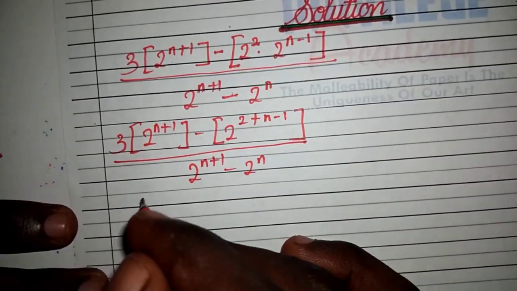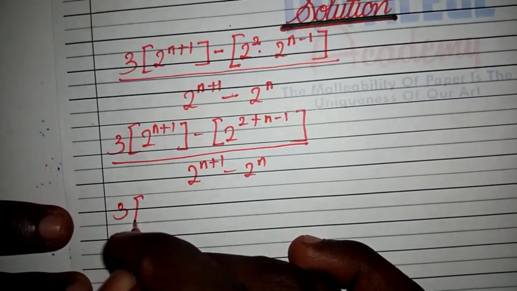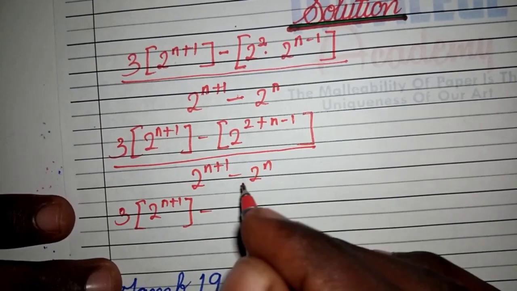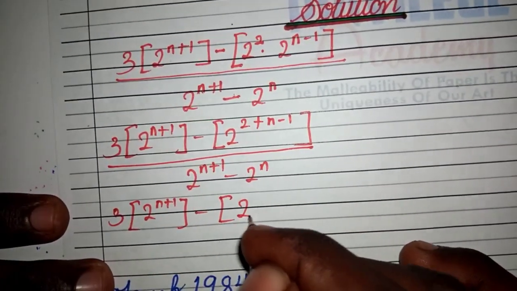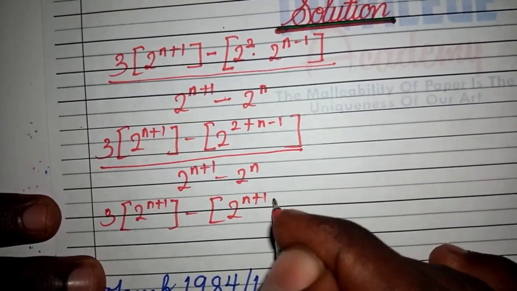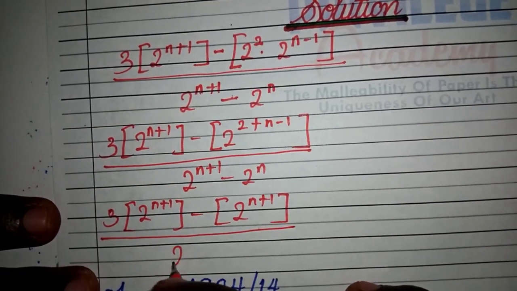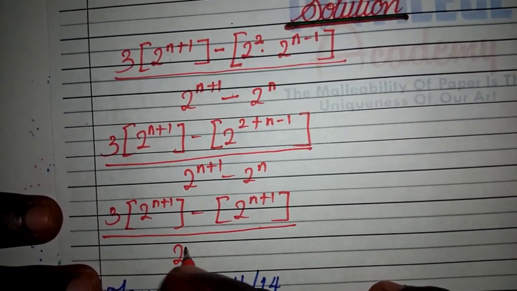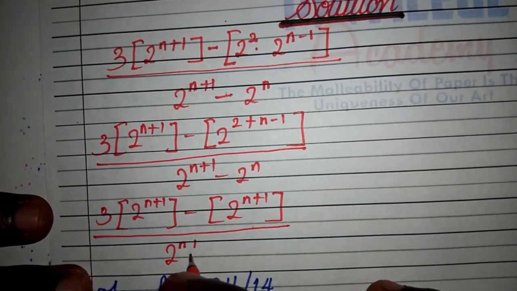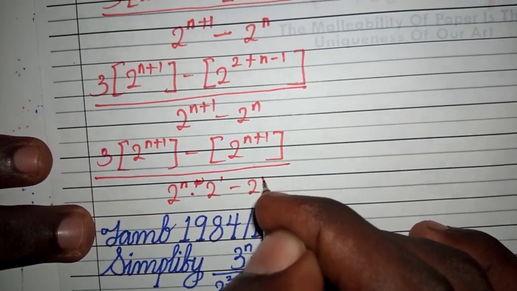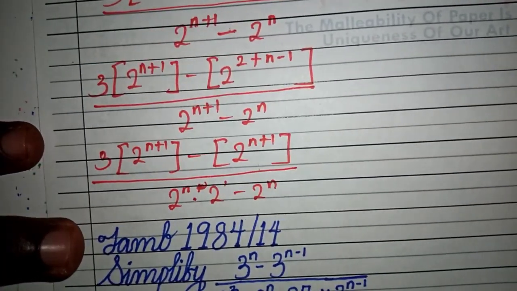So this should become 3 into 2 to power of n plus 1 minus 2 to power of n plus 1 divided by 2 to power of n times, this one will become 2 to power of 1 minus 2 to power of 1.